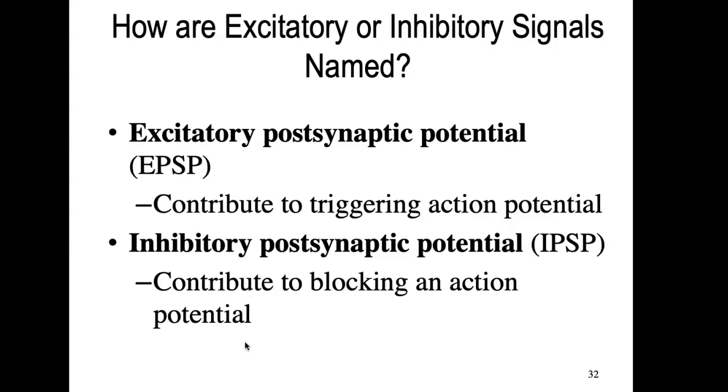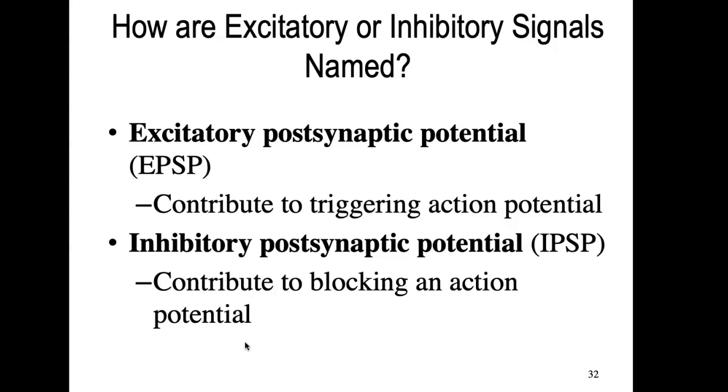The question here is, how are excitatory or inhibitory signals named? So you'll have to know this. Excitatory postsynaptic potential is an EPSP. So it's excitatory, and it's postsynaptic because it's the cell that comes after that connection, and that's where the potential is going to happen.